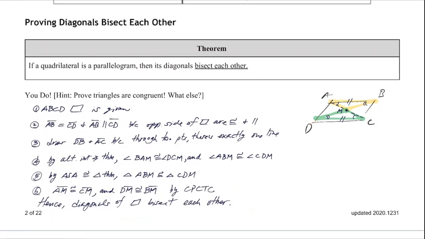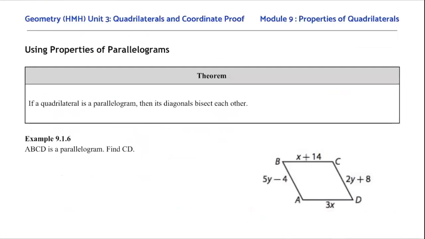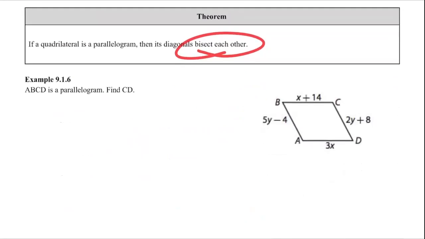Okay, so let's look at the next one. Here's the theorem that we have. Now we have a parallelogram. In this particular case, we're asked to find CD. How could you do that?